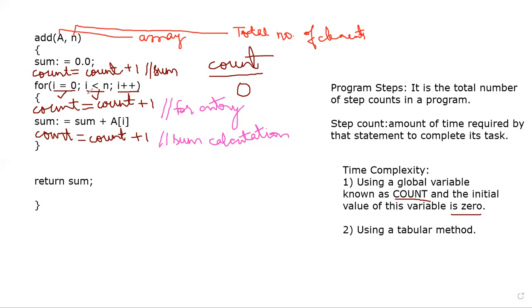The i value is incremented, and then this i value is checked with n, and again if that condition is true, it will enter into the for loop. Likewise, this for loop will execute n number of times. And it is going to exit from the for loop when the i value becomes greater than n.